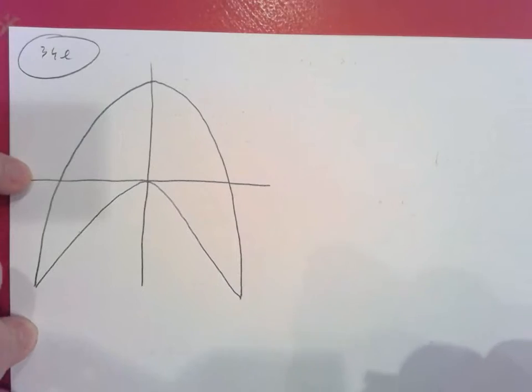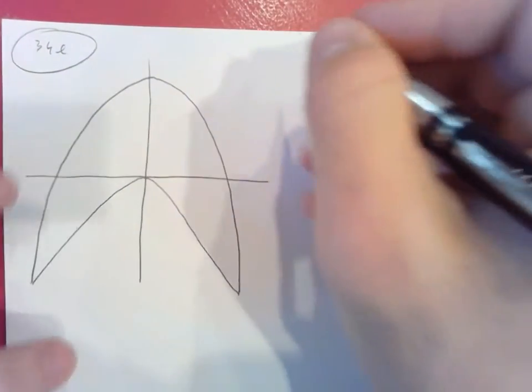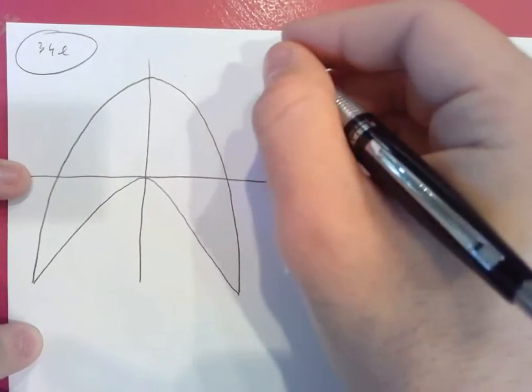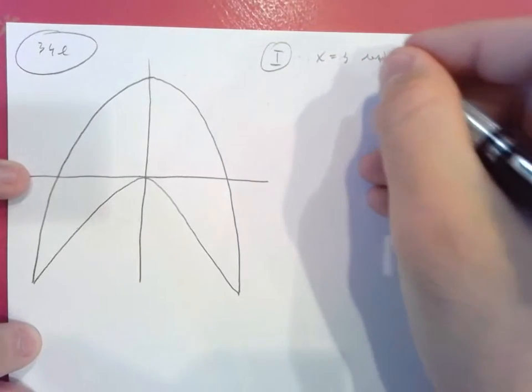and I'm revolving for the Roman numeral 1 about x equals 3 using washers.